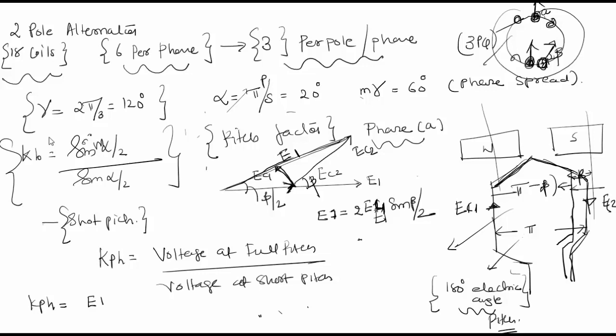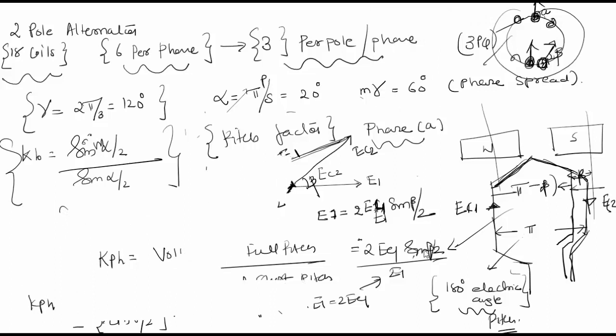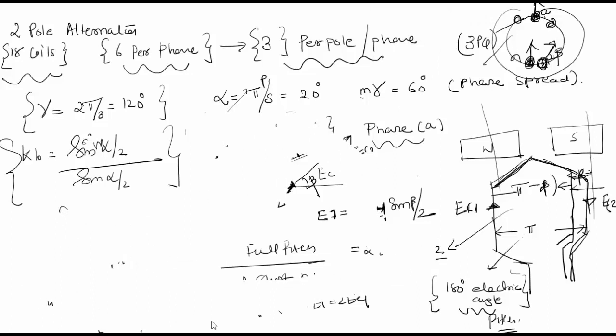So again this is equal to 2 EC1 sine beta by 2 and divided by E1, so my E1 is equal to 2 EC1. So if I am substituting this equation, my pitch factor will become equal to sine of beta by 2, and now what you have found out is what was your pitch factor.